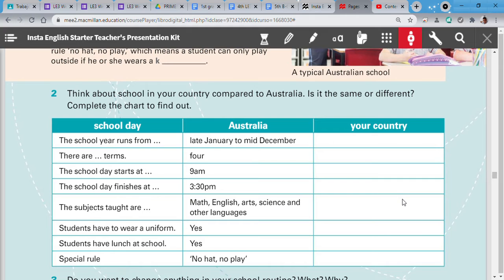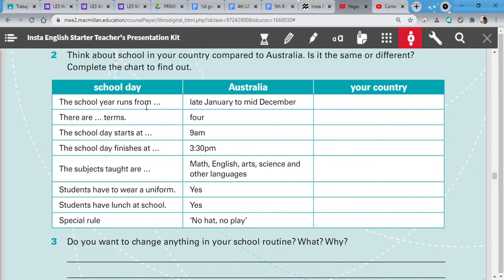Okay, let's see. A school day in Australia says the school year runs from late January to mid December. Hey, teacher, what is late? Okay, the last week or the last days in January, and mid December is the middle. It's like, for example, we say quincena. That is the same. The mid Decembers.